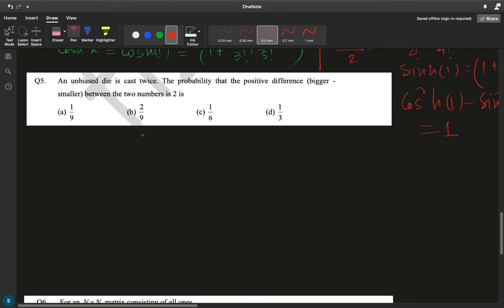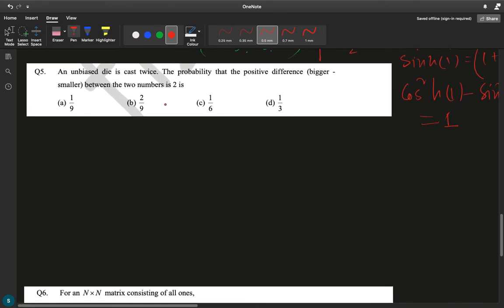All right, now an unbiased die is cast twice. The probability that the positive difference, bigger minus smaller, between the two numbers is 2. So how can I throw two dice so that the difference between them will be 2? So if one is 3, another is 1, that is one case; 4 and 2; 5 and 3; 6 and 4.